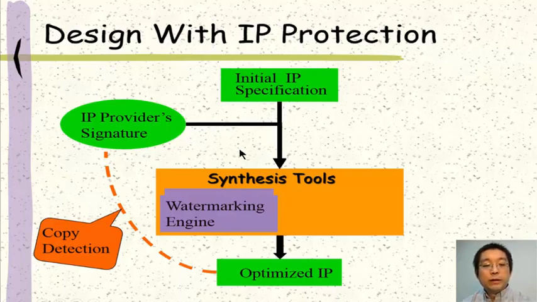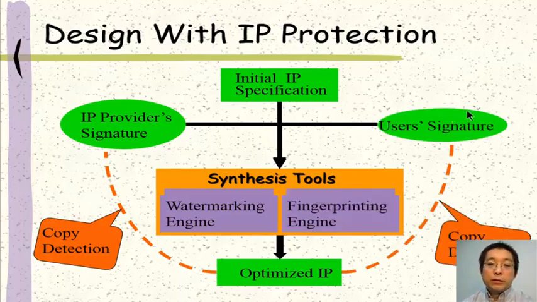In this way, we can hide the IP author's signature into the IP and then retrieve this signature to prove the authorship. On the other side, fingerprint adds the IP user's signature into IPs as well. It will enable us to distinguish who gets each copy of the IP and allow us to trace the use of IPs.